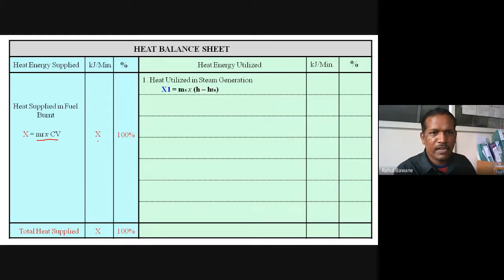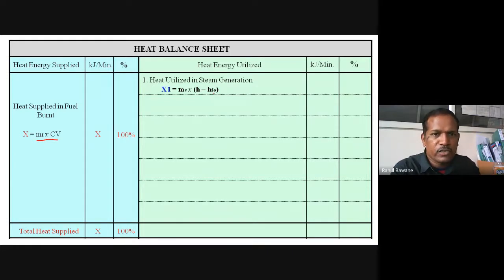So how is it going to be calculated? X1 is mass of steam generated multiplied by enthalpy change. Now, remember, we supplied preheated water, that is outlet water from the economizer, and the steam generated is wet steam having an enthalpy H. So change in enthalpy will be enthalpy of generated steam minus enthalpy of water supplied to the boiler.